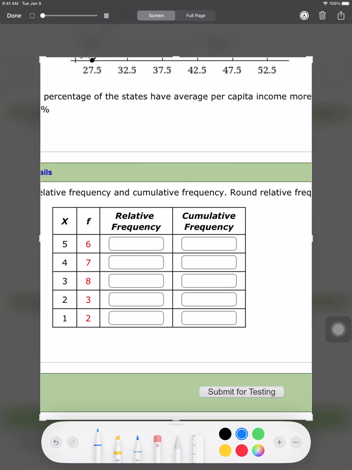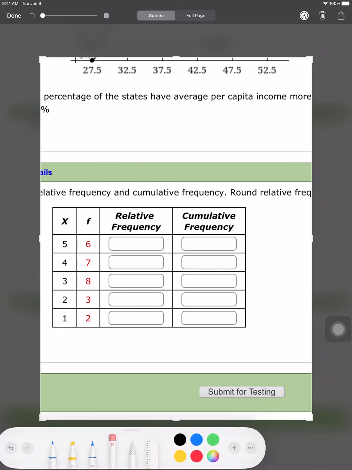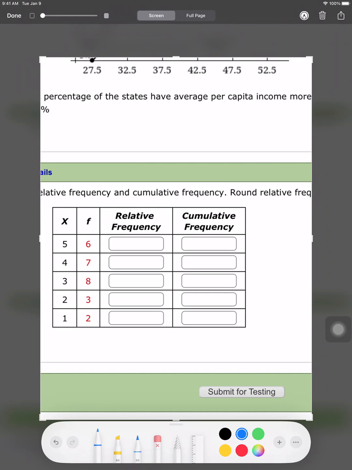Looking at this box, if you draw a line across here, the cumulative frequency would be the sum of all the frequencies up until that line, up until that point. In this case there's just one number, and that one number is 6. And so my cumulative frequency is going to be 6.